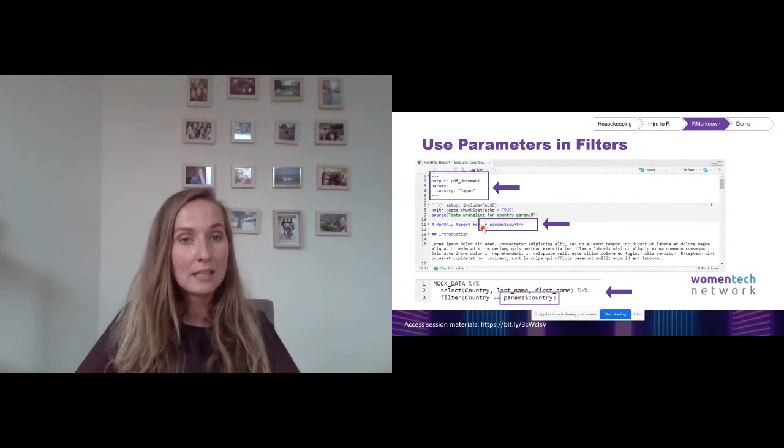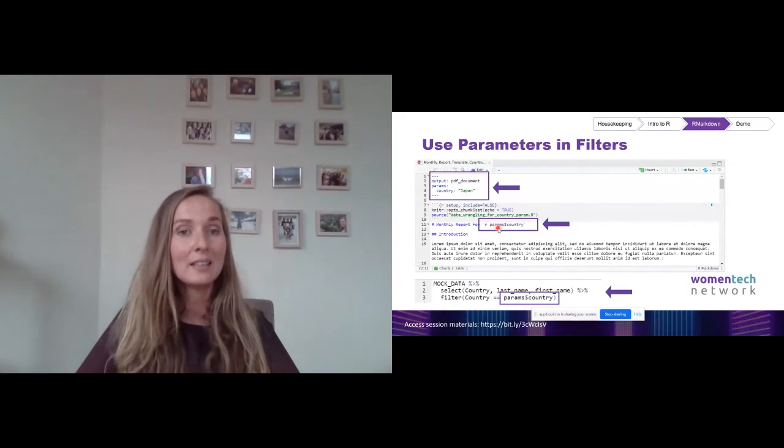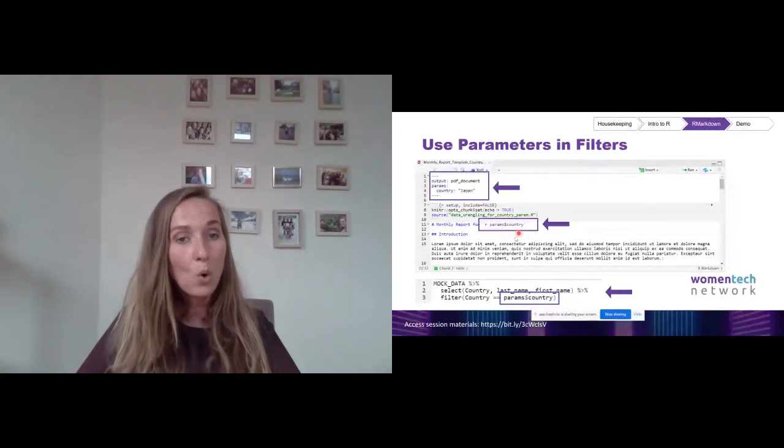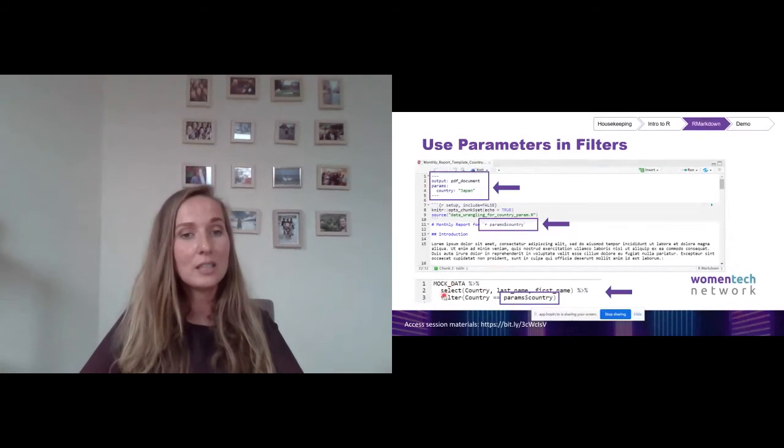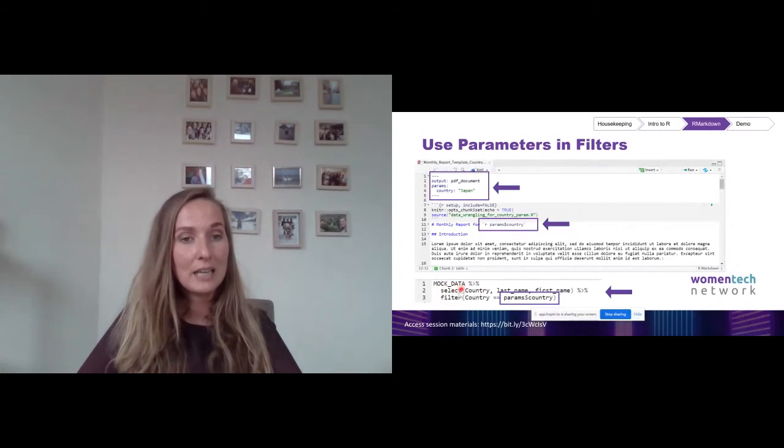And you can use it as inline code like this with the backticks, and then saying that you're actually coding in R, and then the name of the variable. Or you can also use them in chunks as filters. Look, this is what we did just now, right? We took data, we selected 3 variables, and then we filtered, where we said country is equal. And before we did France, but in this case, you're actually going to have params$country.